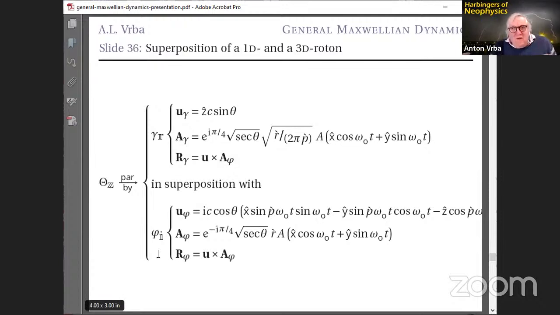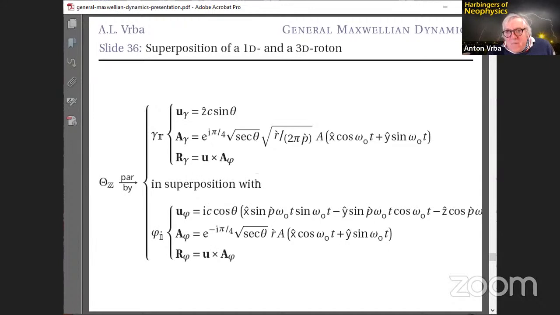If I analyze this, this velocity c is real. The 3-dimensional wave's velocity is imaginary. I basically introduced the scaling factor, the root sec theta here.